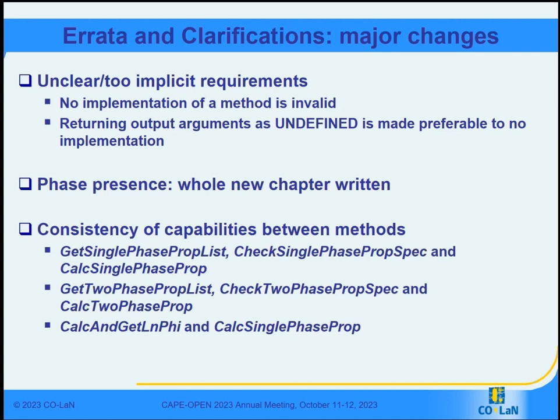And we have also added a detailed description of consistency requirements for the following group of related methods as listed here, again with the primary goal to enable definition of the appropriate consistency.